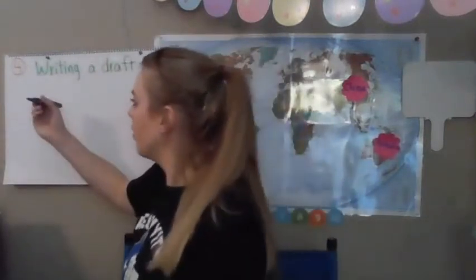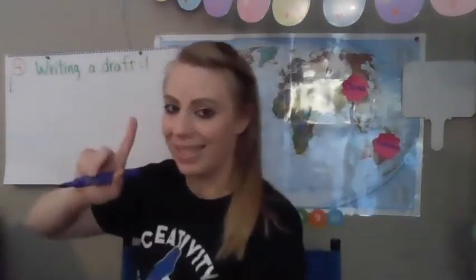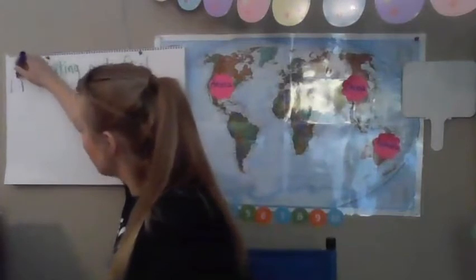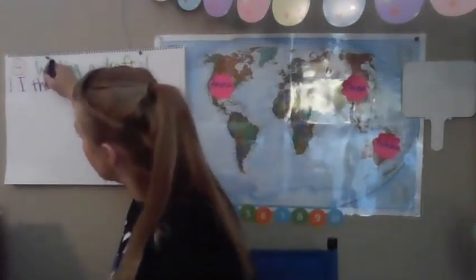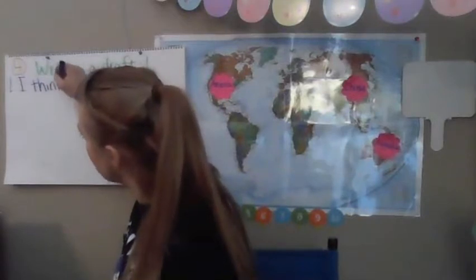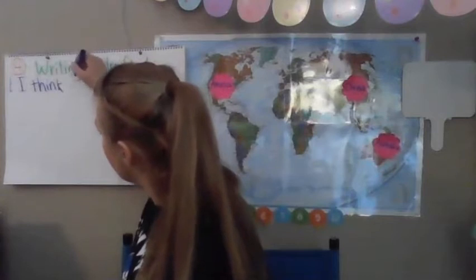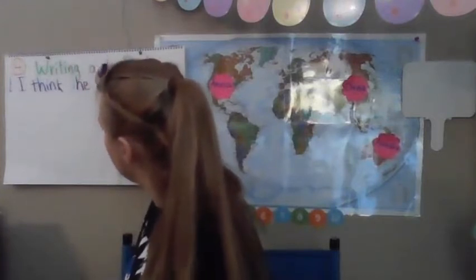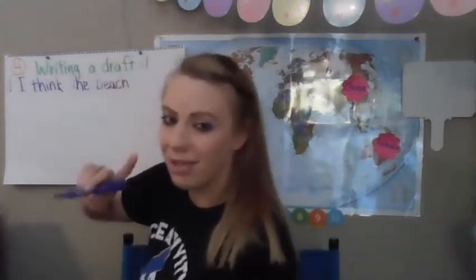Okay, so what I'm going to start off with first is putting a number 1, because this is talking about my first reason. And I'll start writing. So I think, remember, I think is a great way to start off, and that tells this is going to be about your opinion. I think the beach, and my first reason was about swimming.